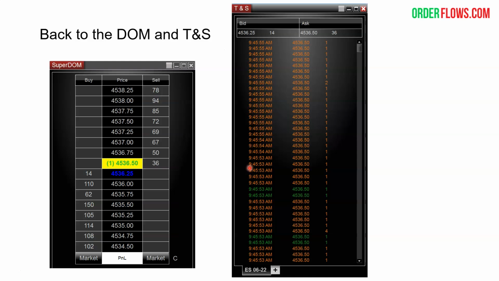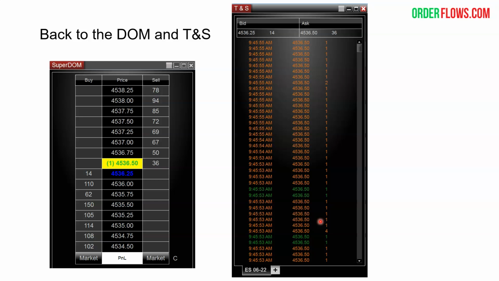But back to the DOM and time and sales. Problem is, this moves too fast here. This is 9:45 and 53 seconds. This is 9:45 and 55 seconds. And the problem is everything in trades is a one lot. The average trade size, I think, in the E-minis is just under 2 contracts.